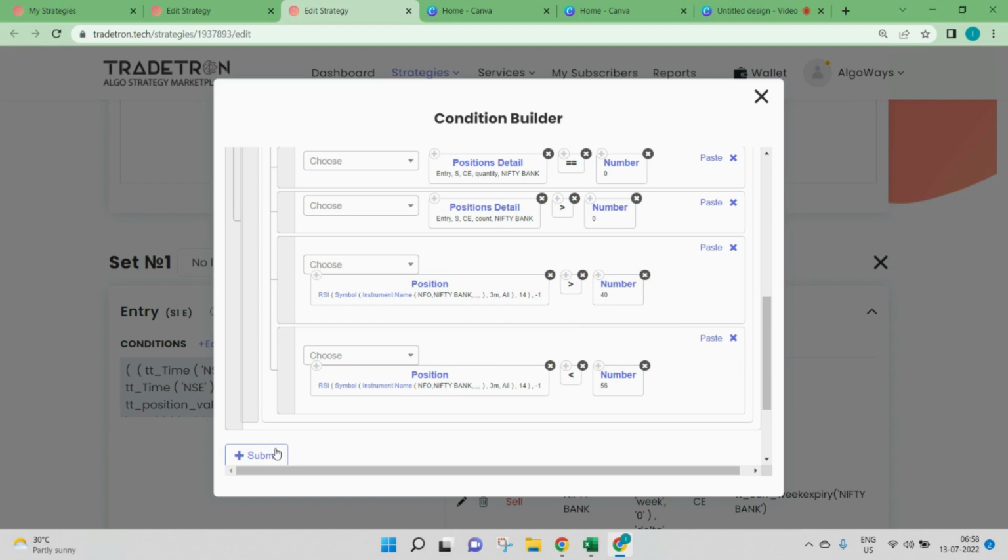So it will restrict your entry in a very one-sided trending market, which is a very severe trend. In that case the RSI will be above 60, and if it is falling down, it will be less than 40. So it will restrict the entry in such scenarios. So these are the two conditions.